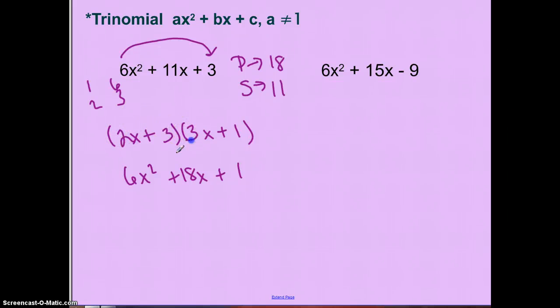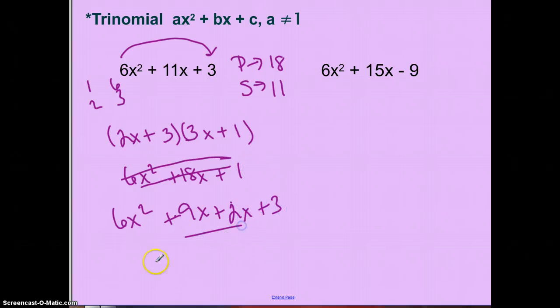So we're not going to use this one. 2x times 3x makes 6x squared. My inners are 9x. My outers are 2x plus 3. And when I combine those, I end up with what I'm supposed to have. 6x squared plus 11x plus 3.